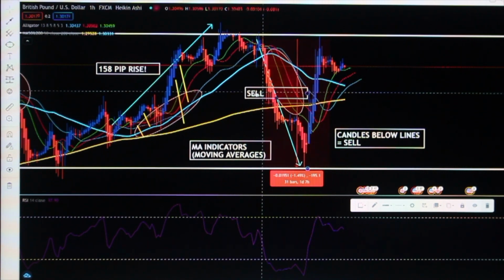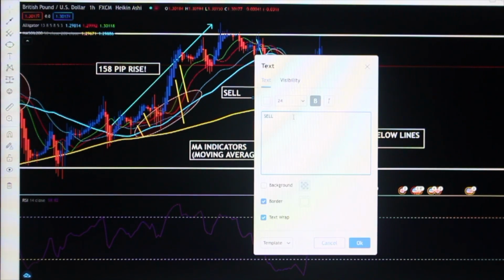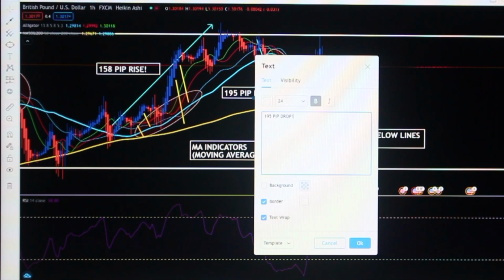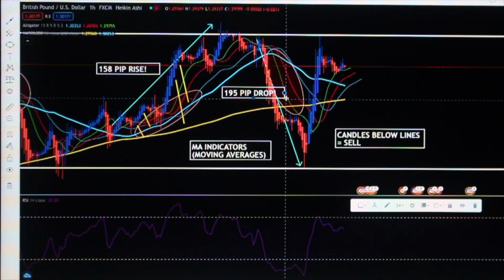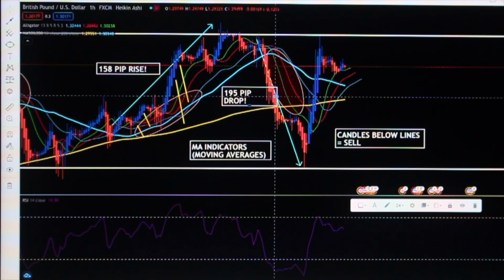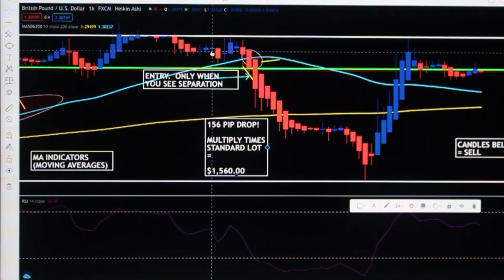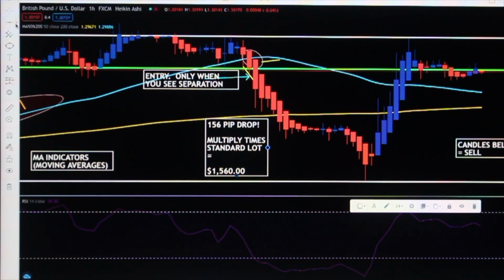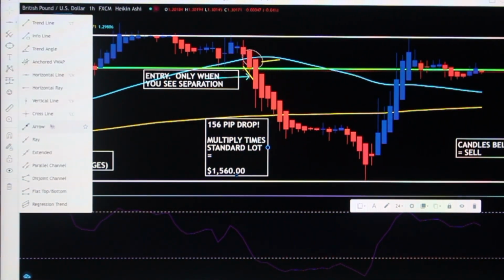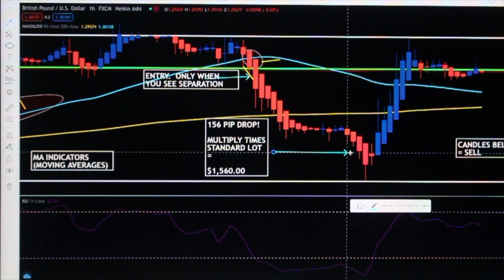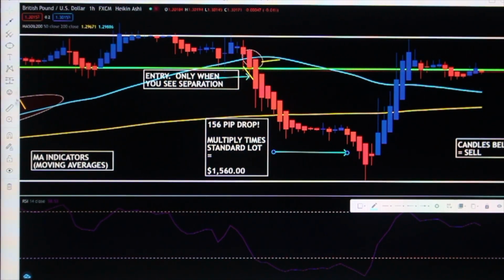But let's take a look at this sell. Here's another note. If the 50 MA and the 200 MA cross the same color candles, this is going to be your definitive hold.